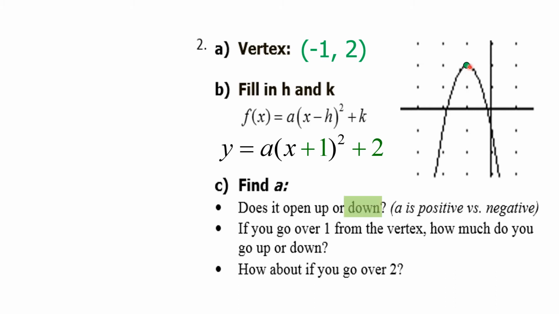Does it open up or down? It's down. If you go over 1 from the vertex, how much do you go down? Over 1 from the vertex, and how much do you go down? How about if you go over 2? Over 2.